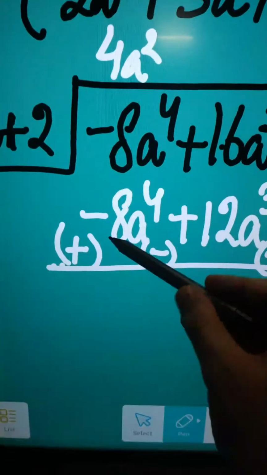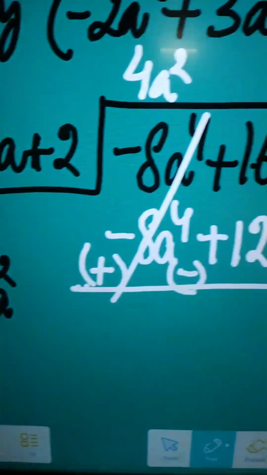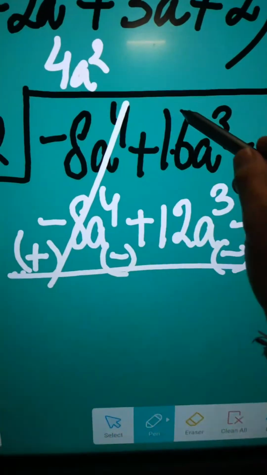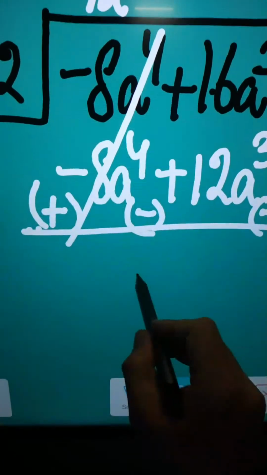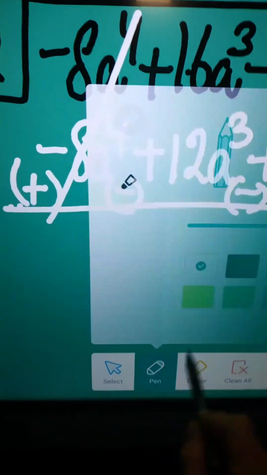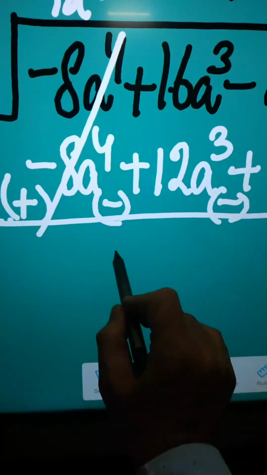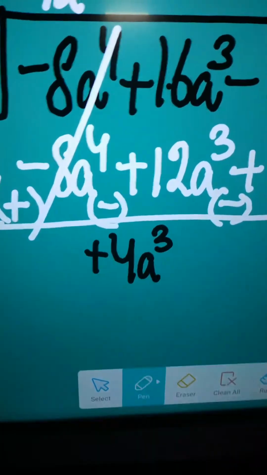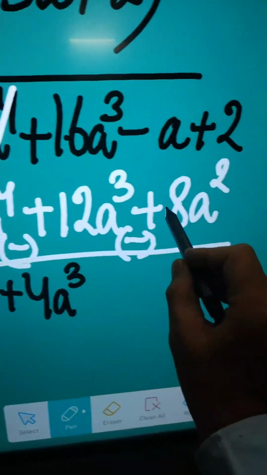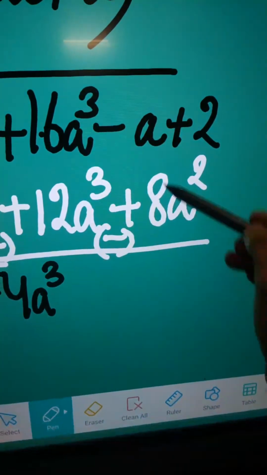Now 8 and this will subtract. 16 and 12, plus 16 and minus 12 will become plus 4. So it will become plus 4a cube. Then the next term was minus a, which is not the same.